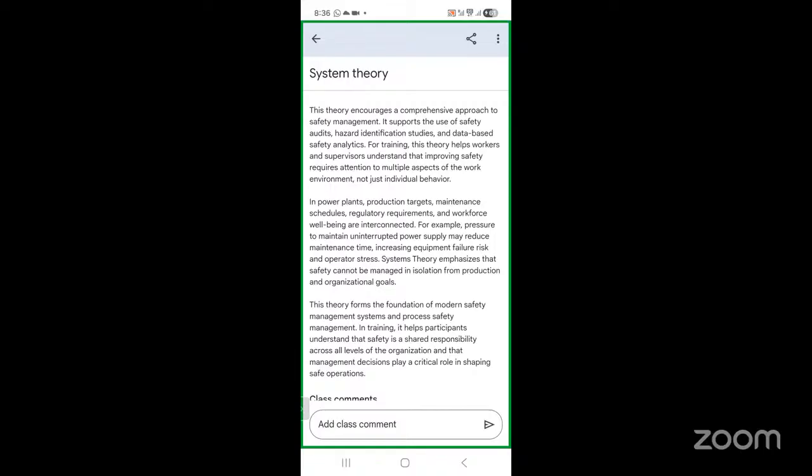Now, what is the open system policy? Open system policy includes, number one, awareness of the organizational objective.